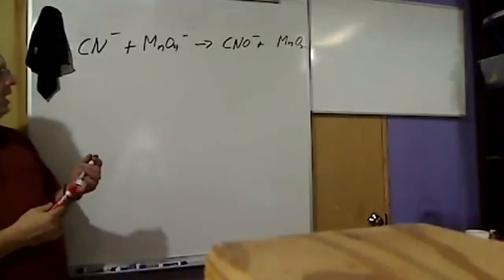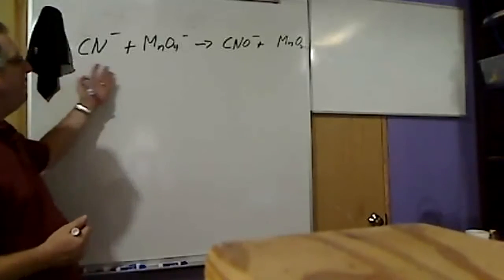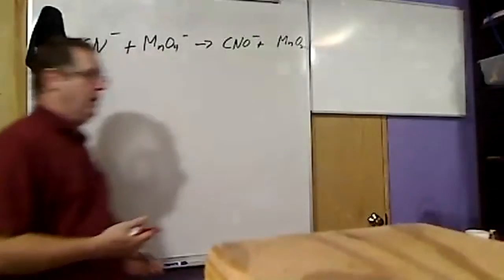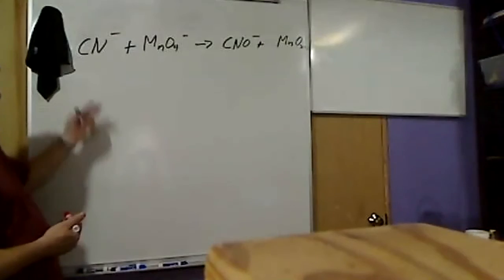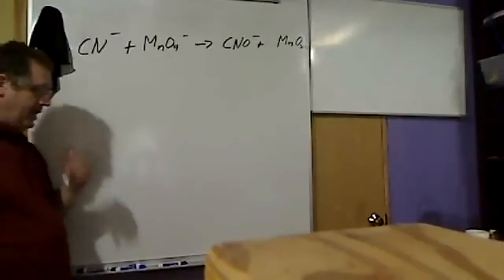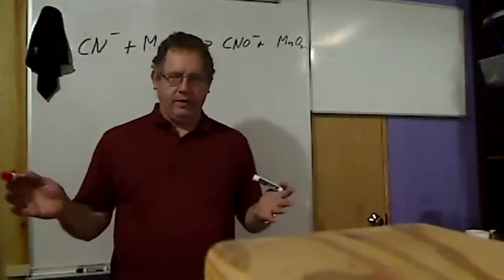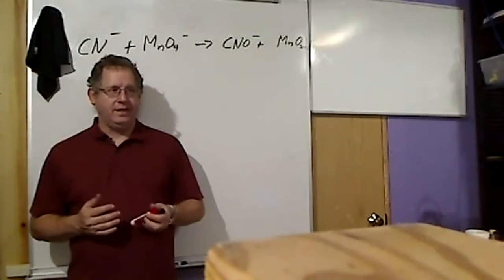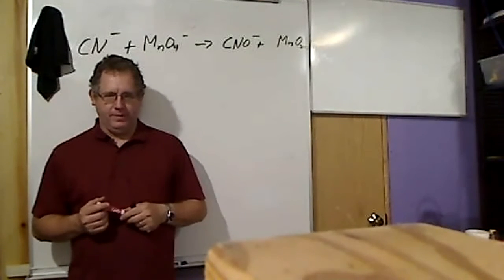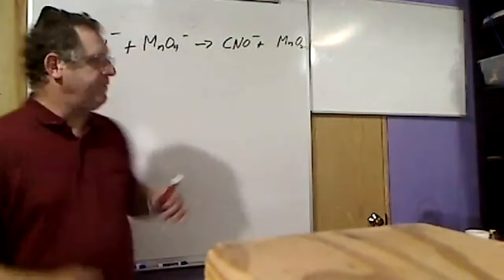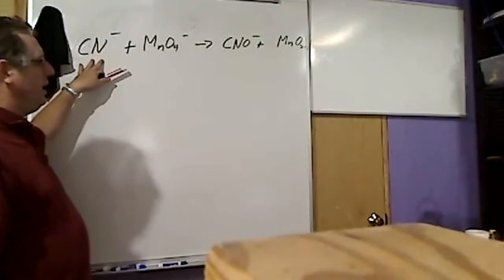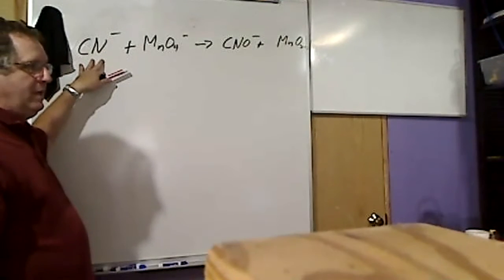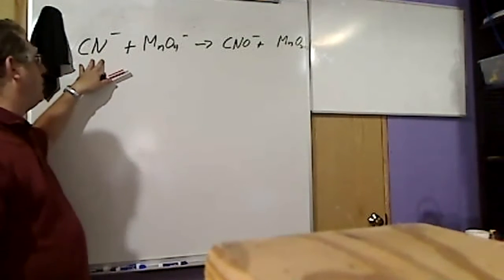Taking a look at this, oxidation numbers. Do I have any monatomic ions? No. So I need to start with this. Now, this one I chose because I need to review something. If I go through the oxidation number rules, it doesn't tell me anything about how to do this one. So what we're going to do is find the more electronegative of these two, and it's going to receive a charge as if it were an anion.